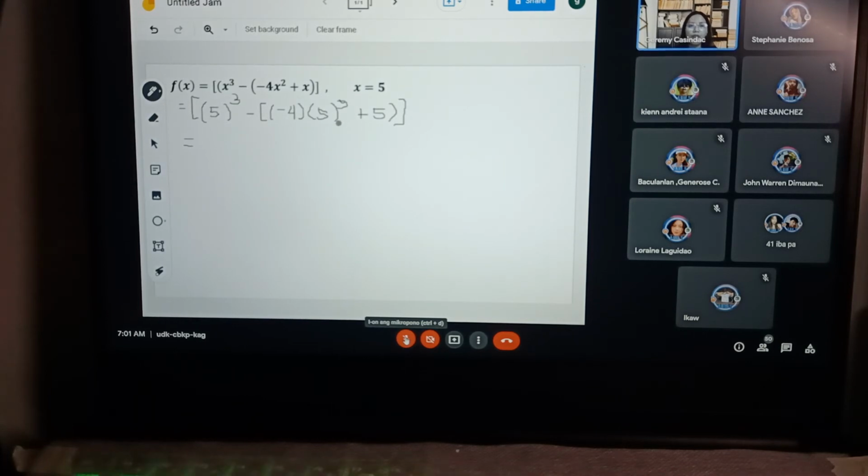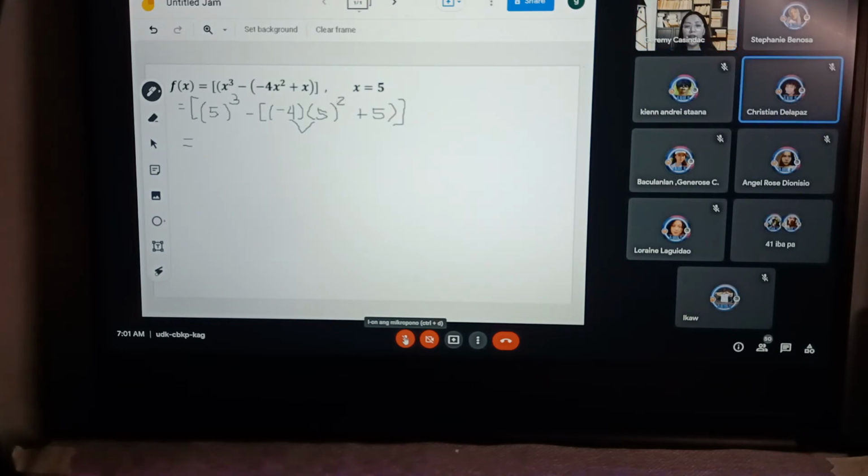So we have 5 raised to 2, and that is equals to 25 po. 25 times negative 4. Negative 100. Okay, that's correct.